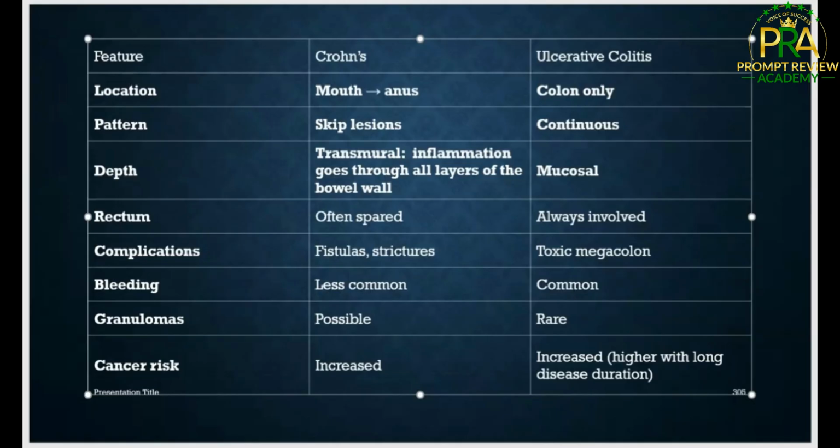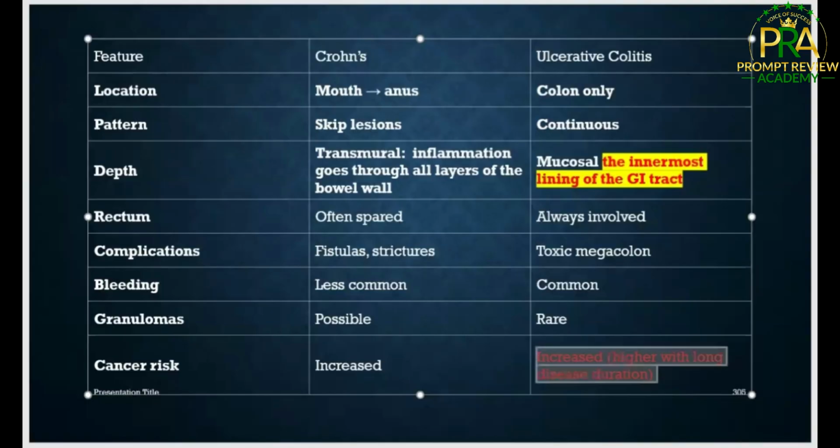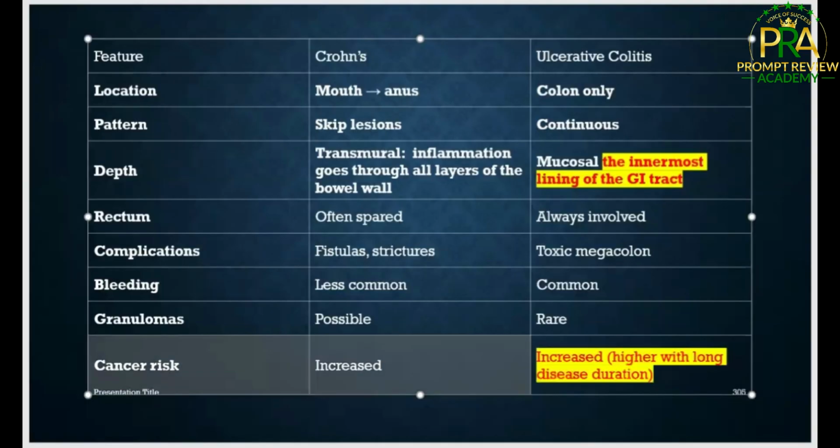So please pay attention to that, because it's usually very high yield in the exam, especially which of them will cause more cancer. They will put both options there to confuse you, but the one that causes higher risk is ulcerative colitis. So this point is so high yield in the exam.